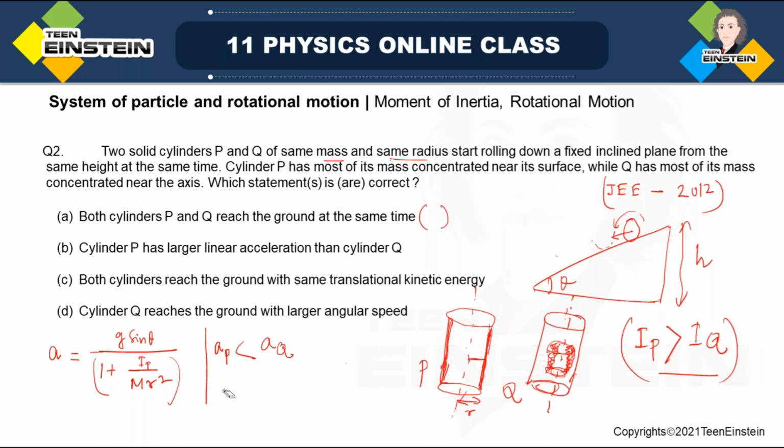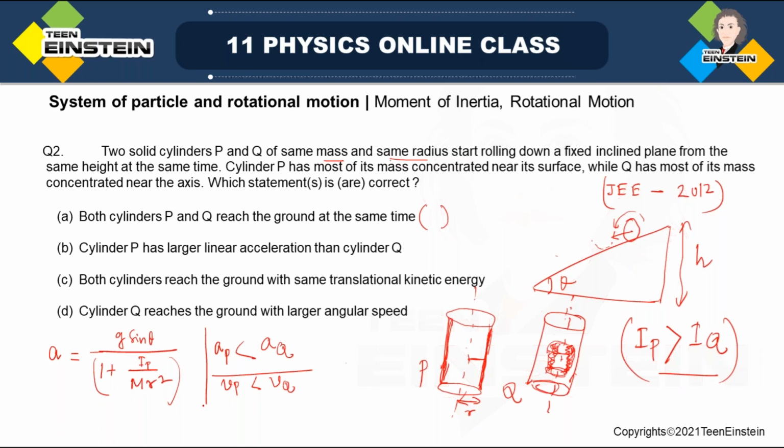What is the logic? The logic behind this is that the moment of inertia for P is greater than the moment of inertia for Q. And if you have a greater quantity here, then the whole acceleration will decrease. So we can say that Vp also will be less than Vq.